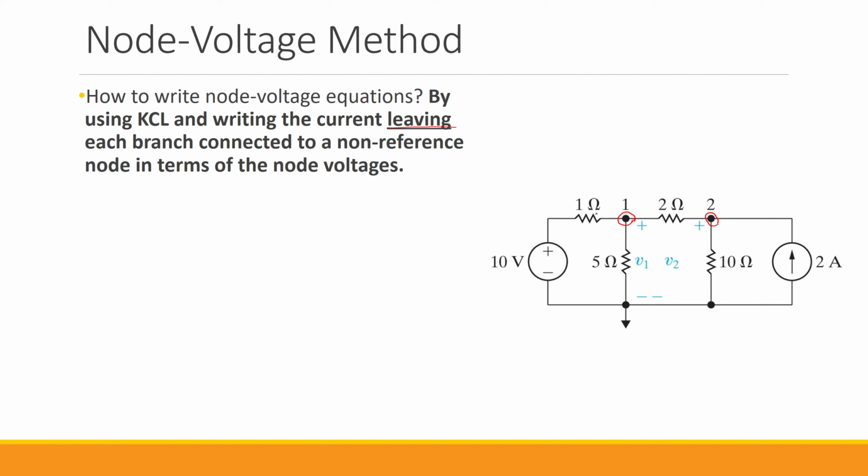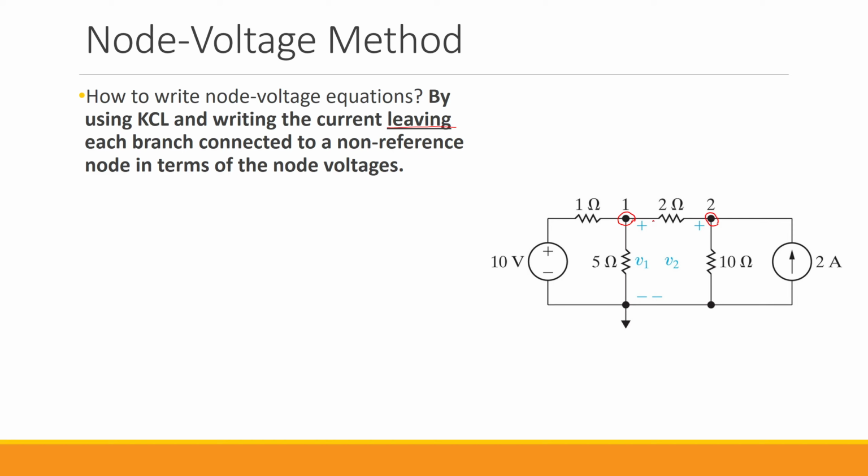So for node 1, for example, we have a current that leaves node 1 and goes through this 1 ohm. For this 5 ohm, we consider a current that leaves node 1 and enters this 5 ohm. And finally, for this 2 ohm, we consider a current that leaves node 1 and enters this 2 ohm.